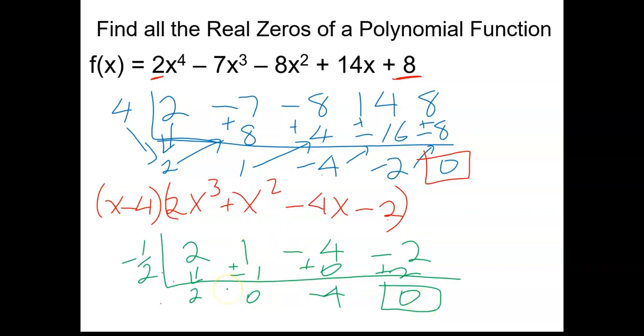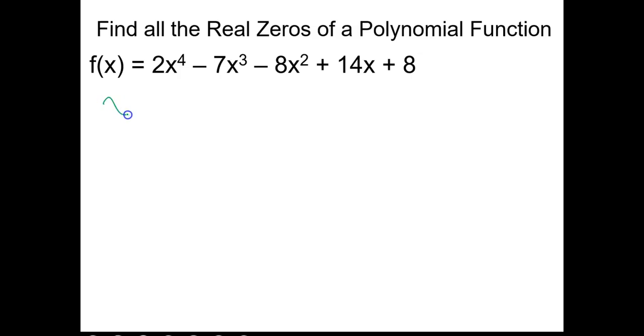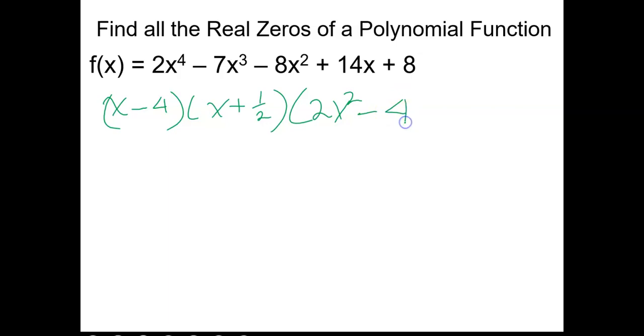So now we have 2x squared, then 0 in the x term, and then the constant negative 4. So we have x minus 4, x plus 1/2, and then 2x squared minus 4.